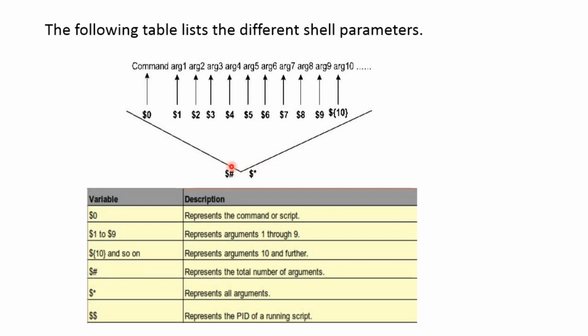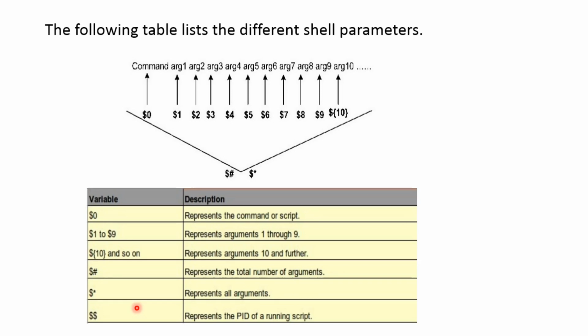The next variable, $#, represents the total number of arguments. Using this $# variable, you can get the total number of arguments given in the command line. And $* represents all the arguments.